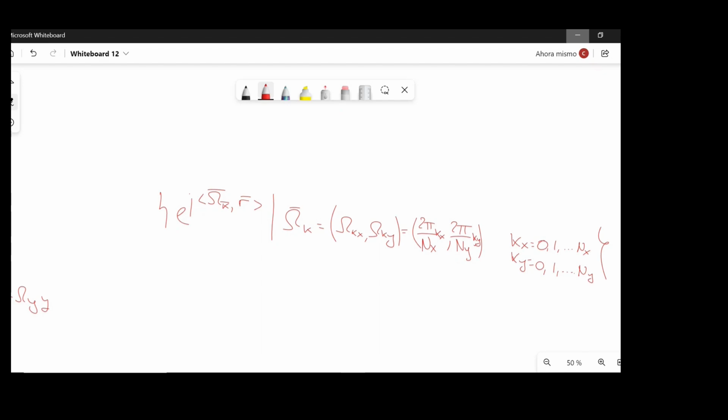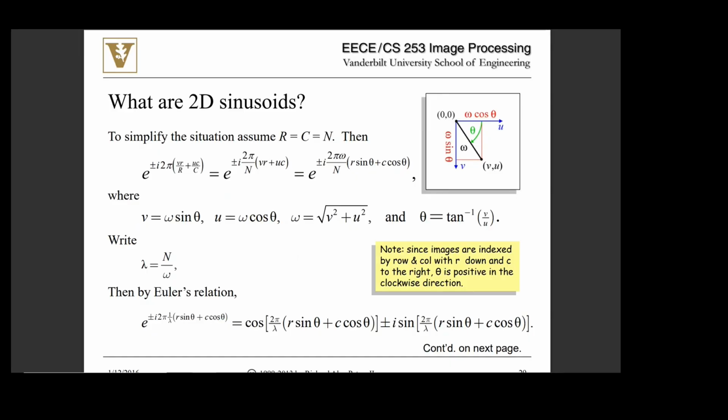So how do they look? They are complex exponentials, but I can define this the same way. Instead of using kx, ky, I use v and u, r and c, number of rows, number of columns.